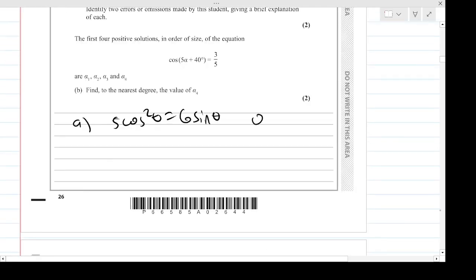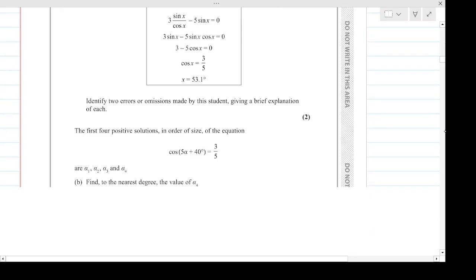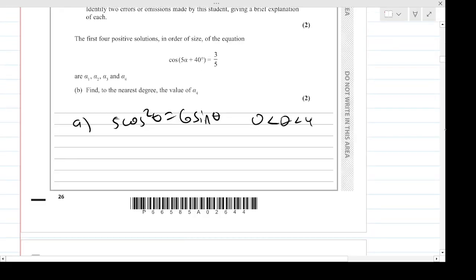So this is a standard trig equation. The first thing to notice is I have sine and cos, so I can't really solve it at the moment. I can't factorise anything either, so I'm probably going to have to resort to using trig identities.